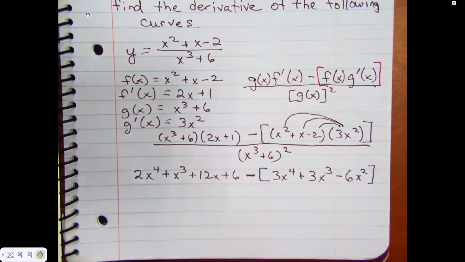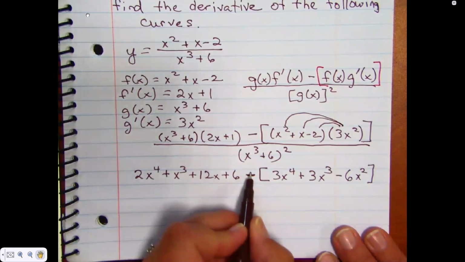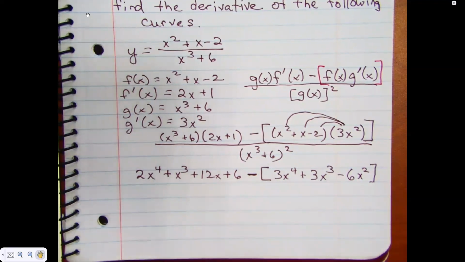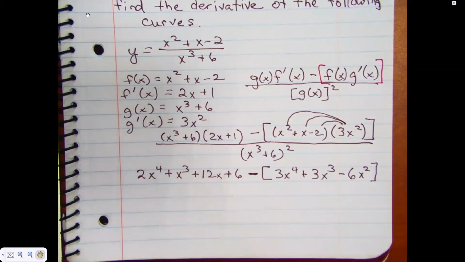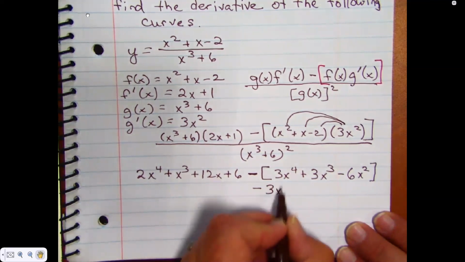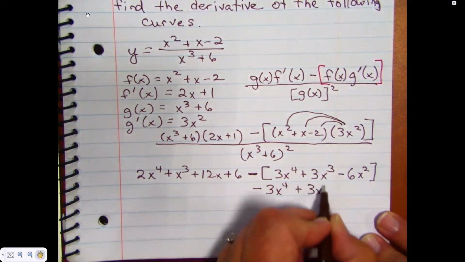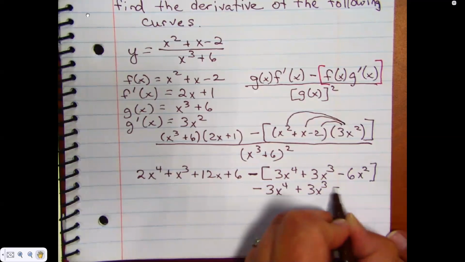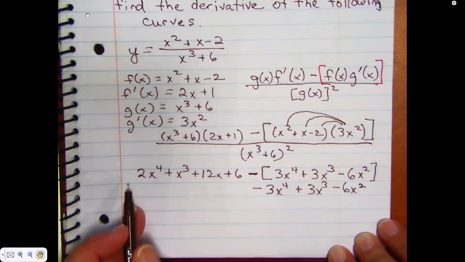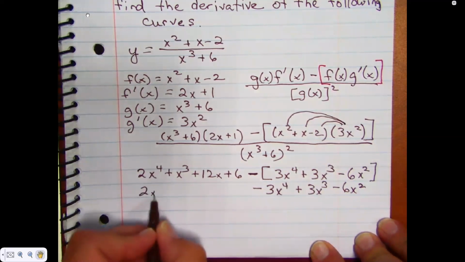I know it's a little annoying to write it twice, but that way you won't get it wrong. If you want, you could do plus and then make the same sign change that way. If you don't want to rewrite the whole thing, you could do something like that. We could just do this, negative 3x to the fourth. Depending on how good you are, I'll probably just write it down.